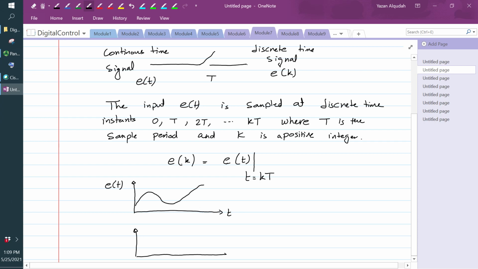I'm sampling this signal every T seconds. So at 0, at T, at 2T, at 3T, I'm going to be taking a sample to generate the sample signal E of k, which is only going to have values at these sampling instances.